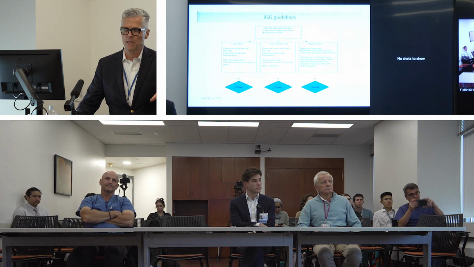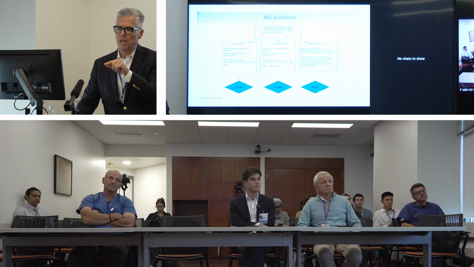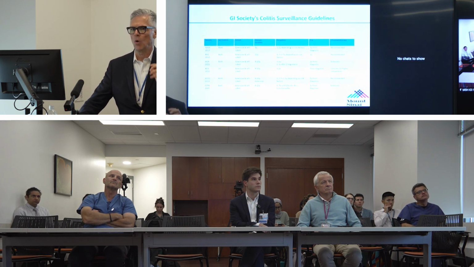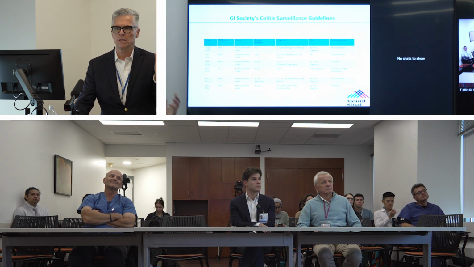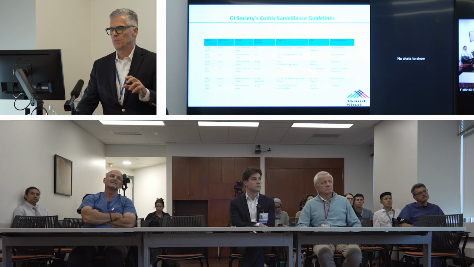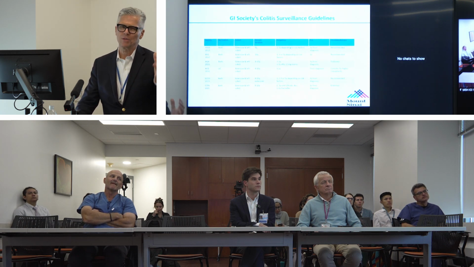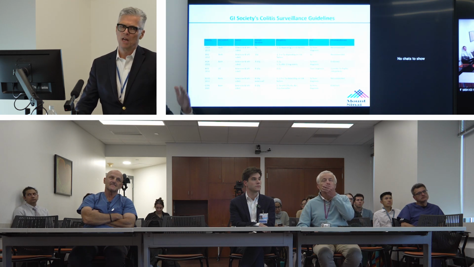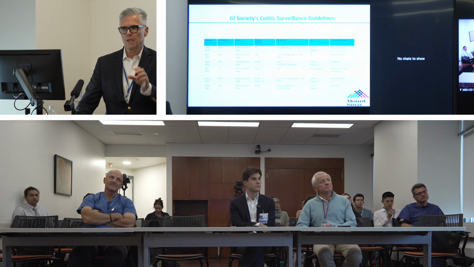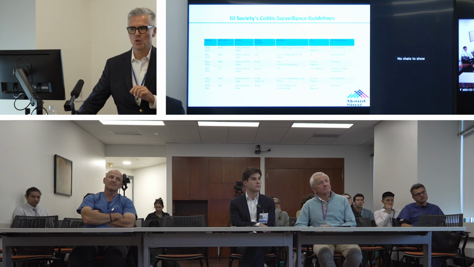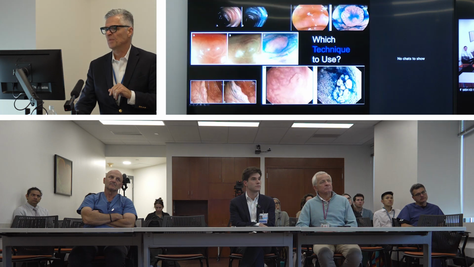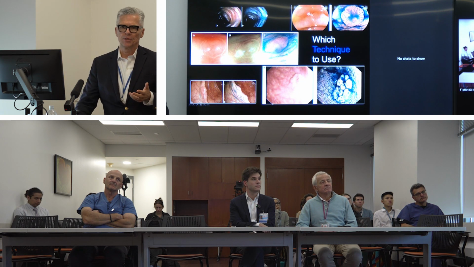Not all of this has been adopted, but once this came out, it started to gradually seep its way into all of the North American, Asian, and other European guidelines. So to the point now, when you look at almost all the guidelines, there's much more overlap in terms of every 1, 2 to 3, or 5 years that you should be scoping these patients to prevent them from getting colorectal cancer. So which technique to use?